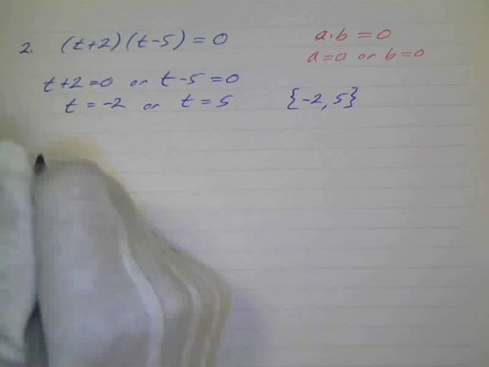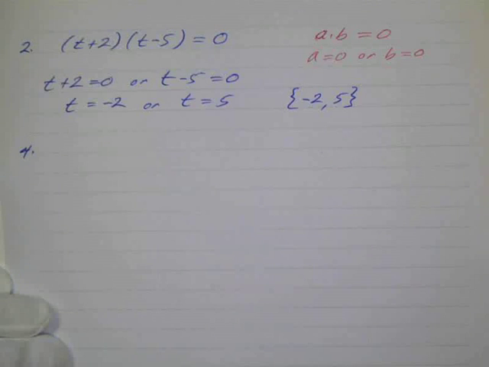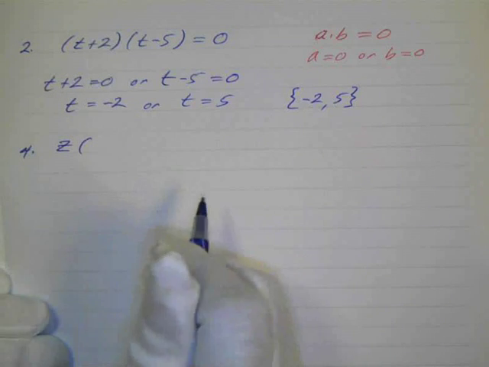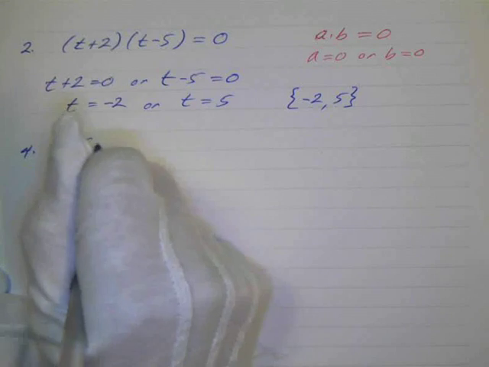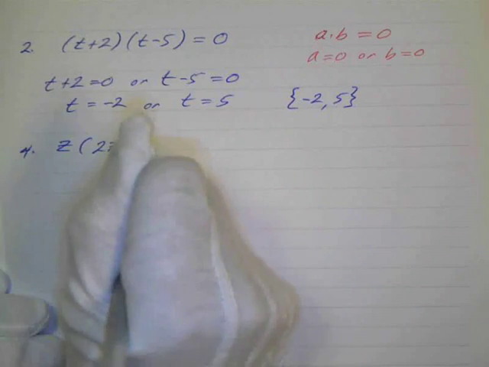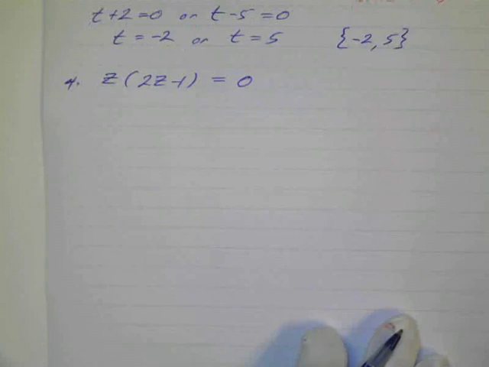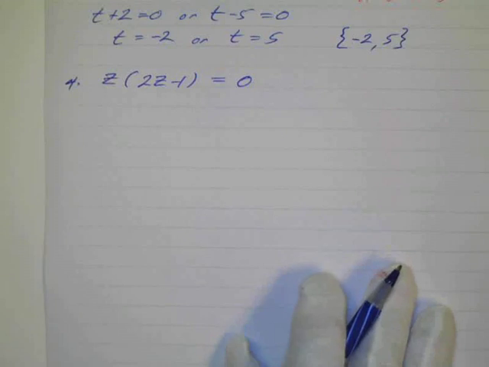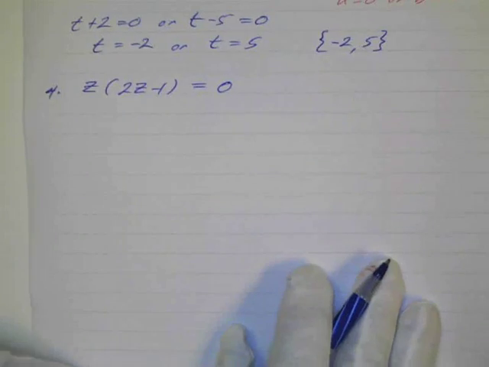Here's another example. z times 2z minus 1 equals 0. And these are off a worksheet, Unit 2, Worksheet 9.